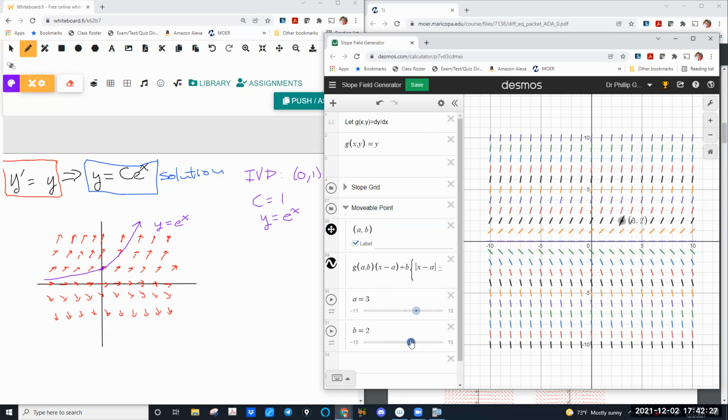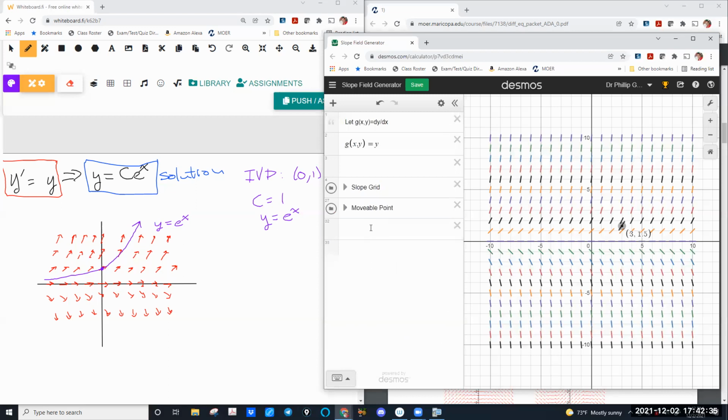And if you wanted to add the unique solution, well, we found it. It's y equals e to the x, so we can just add it to our curve. And there's our unique solution. It goes through (0, 1). And that gives us our curve.